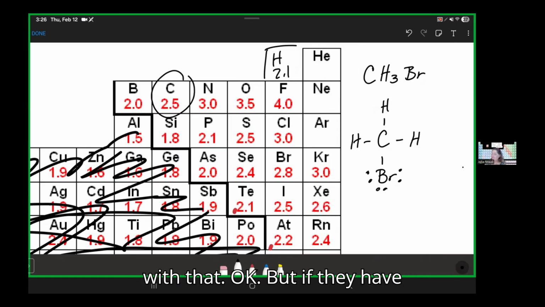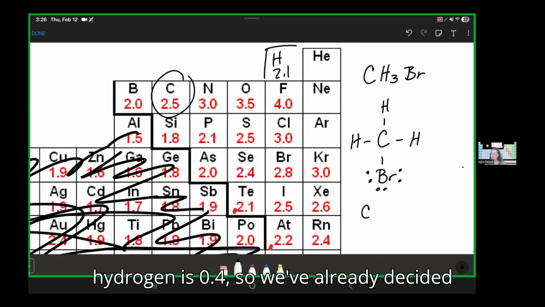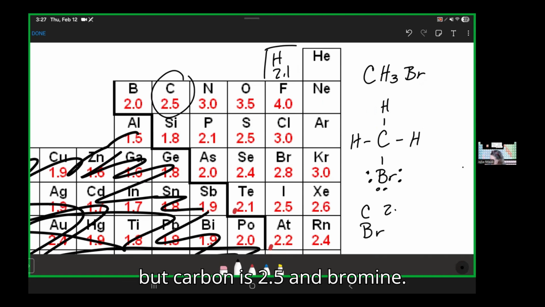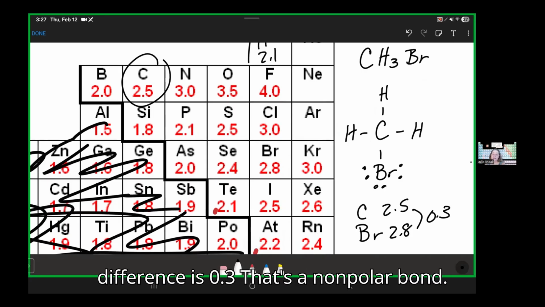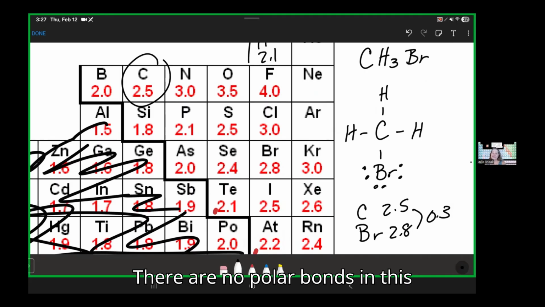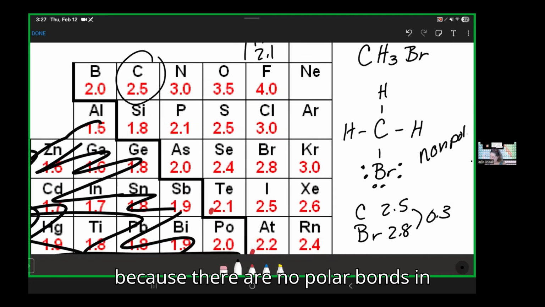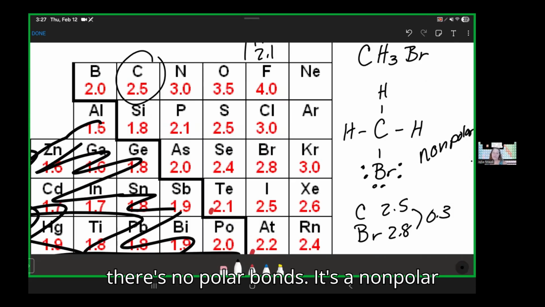But if they have you do the numbers, we know carbon hydrogen is 0.4, so we've already decided carbon hydrogen bonds are nonpolar bonds. But carbon is 2.5 and bromine is 2.8. That difference is 0.3. That's a nonpolar bond. There are no polar bonds in this molecule. That is a nonpolar molecule because there are no polar bonds in there. Even though it's non-symmetrical, there's no polar bonds. It's a nonpolar molecule.